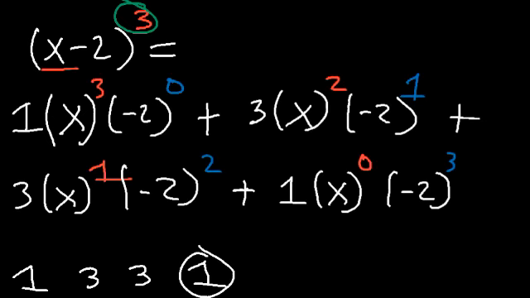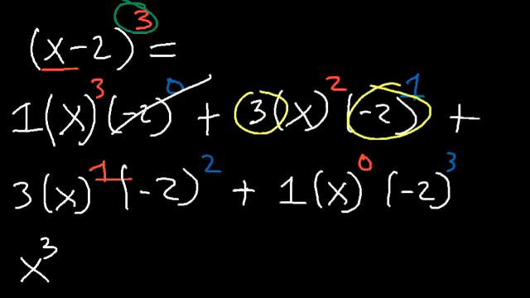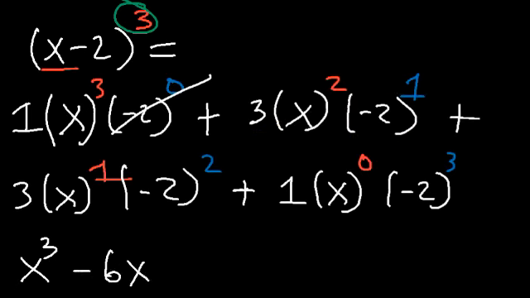So that's how you can use the binomial theorem. But now let's simplify the expression that we have. Anything raised to the 0 power is 1, so we could ignore this value. So the first term is simply x cubed. Now what about the next one? 3 times negative 2 is negative 6. So it's negative 6x squared.